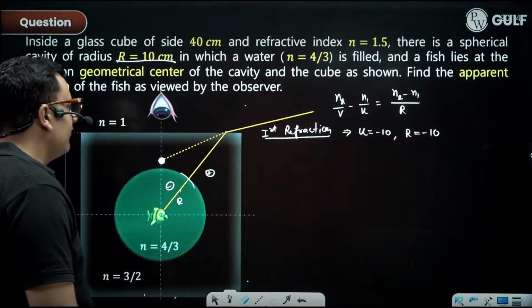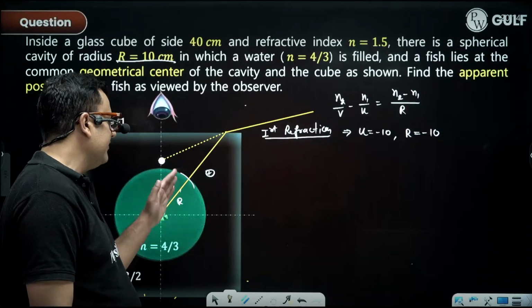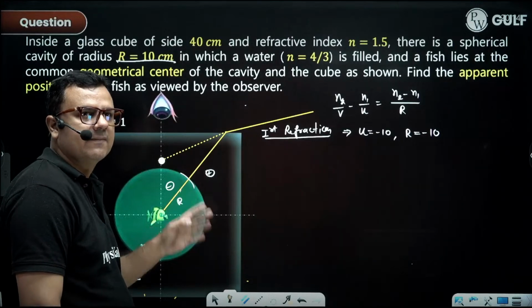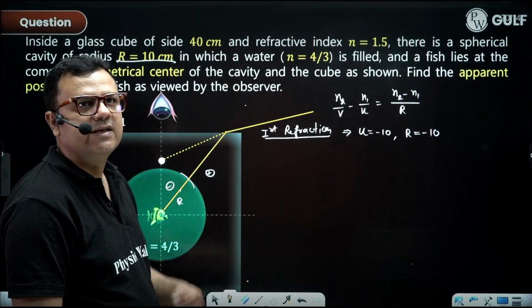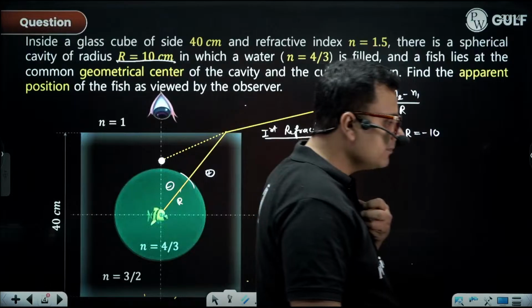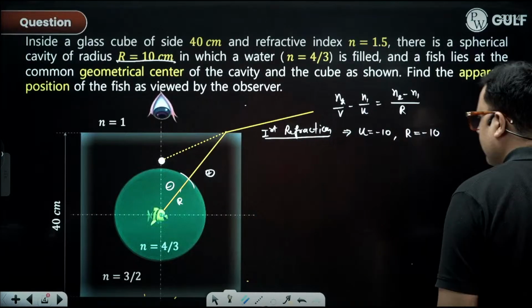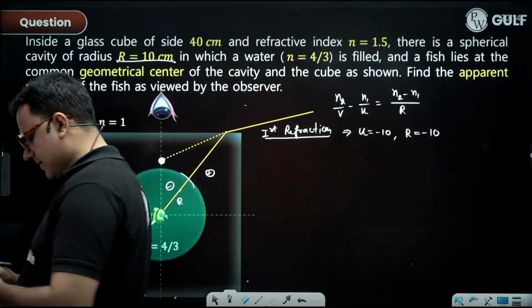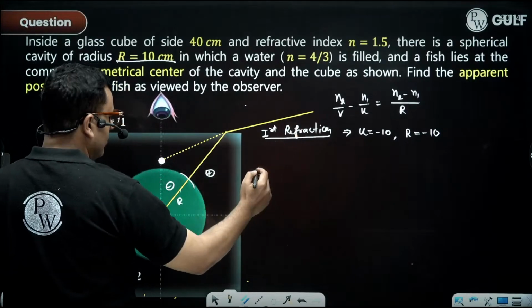Many of you are wondering, sir, if the ray is not getting deviated, then why are we finding this? Why are we doing this thing, if the ray is not deviating? But the refraction is still happening. Okay, let's put the values. N2 is what?